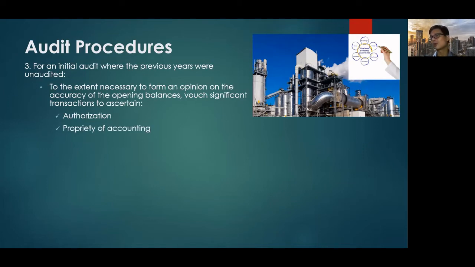Propriety in accounting: what accounts did they use, how did they value the property, plant and equipment? Or the assertion of management, whether the title to this property, plant and equipment is really theirs. Is it properly accounted for? Those things talk about accounting.